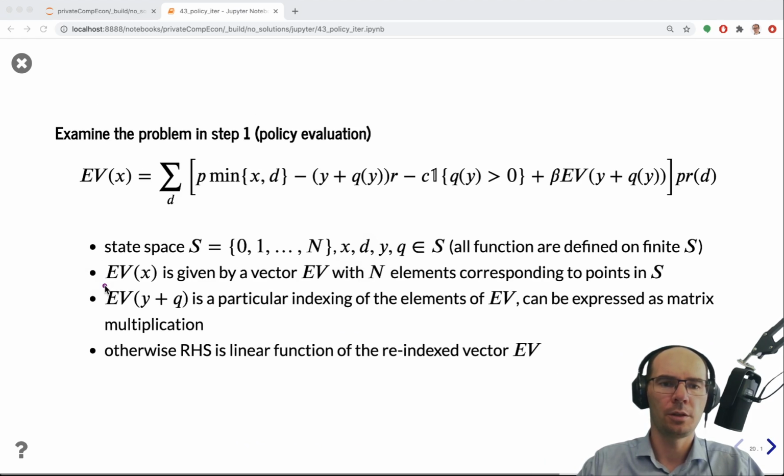Okay, so let's think of EV of x as a vector, and I'm going to use EV, a slight misuse of notation here, without any brackets.